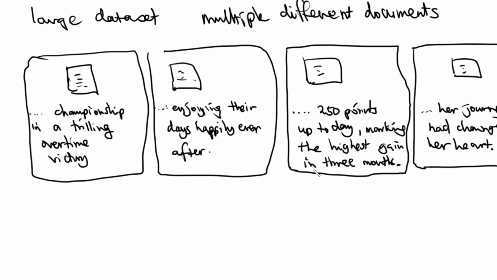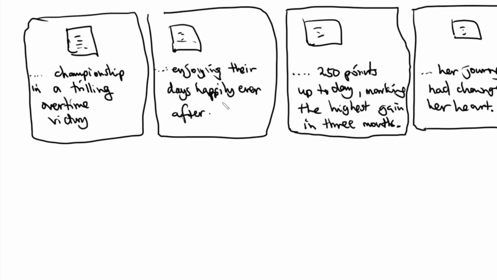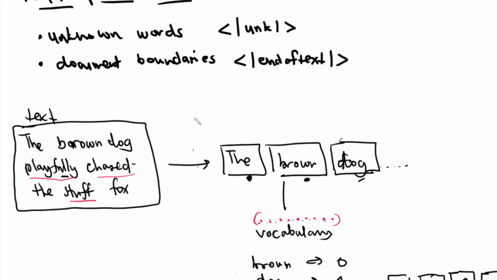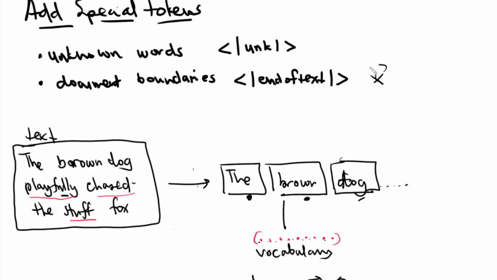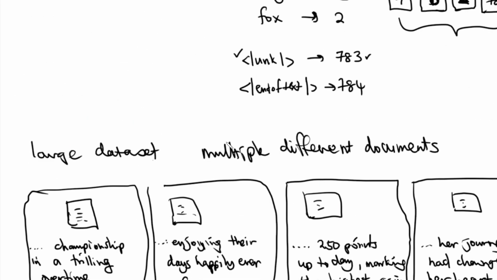And as you saw from the previous videos, when training these large language models, they deal with billions and billions of words, so lots and lots of documents. But with our 4 documents, we are now introducing what we term the document boundary token.